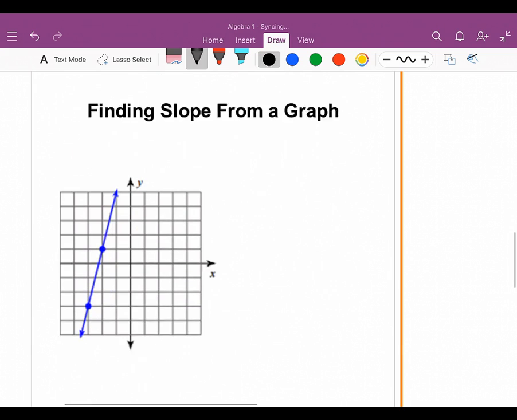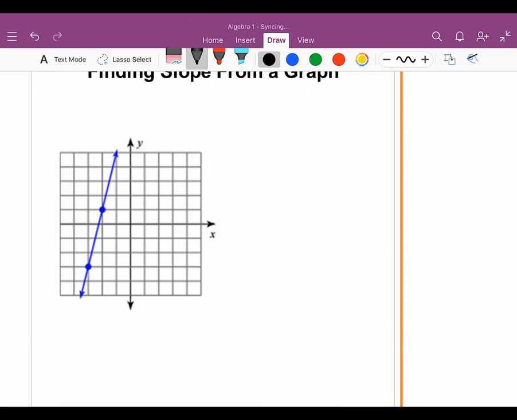Right? From a graph, a couple ways to do this. You do have your points, right? Now you could do the 2 points method and say this is negative 3, and then 1, 2, 3, negative 3, and over here is negative 2. This point is negative 2, comma 1, or you can do rise over run. Okay, this is where rise over run is. A lot of times it may be quicker and easier just to do rise over run.